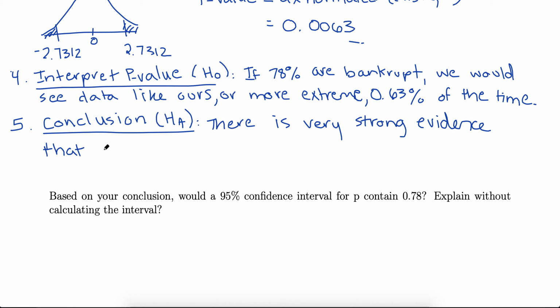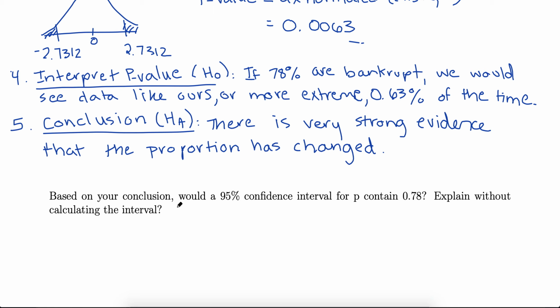HA is the proportion is changed, or it's not 0.78. So there's very strong evidence that the proportion has changed. Okay, you could word that lots of different ways.